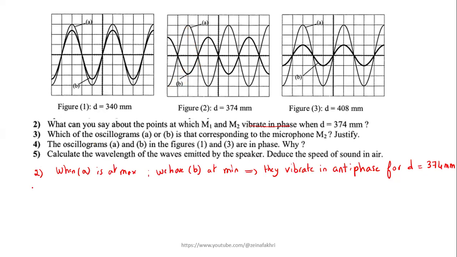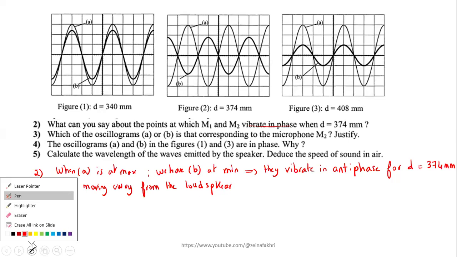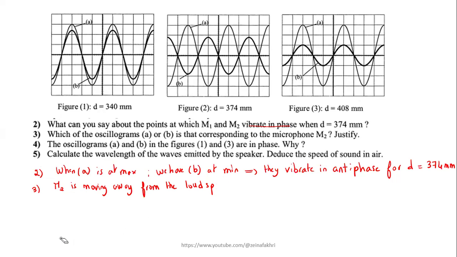Now in part 3, which of the oscillograms A or B corresponds to the microphone M2? We know that M2 is moving away from the loudspeaker. So we are moving the microphone away.